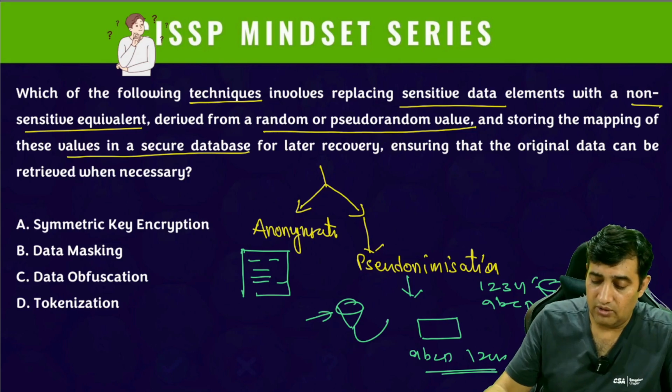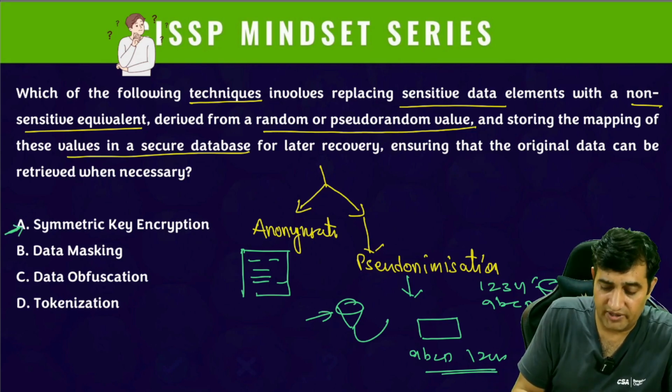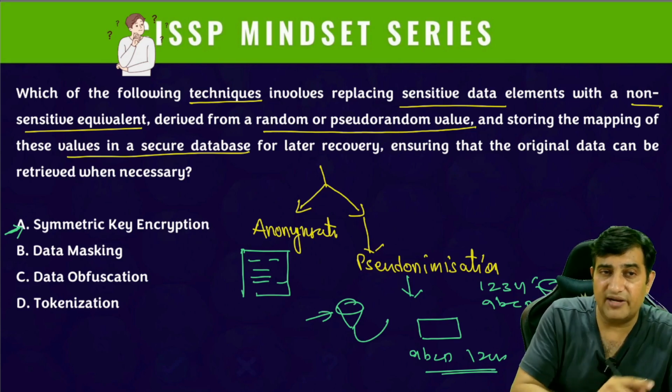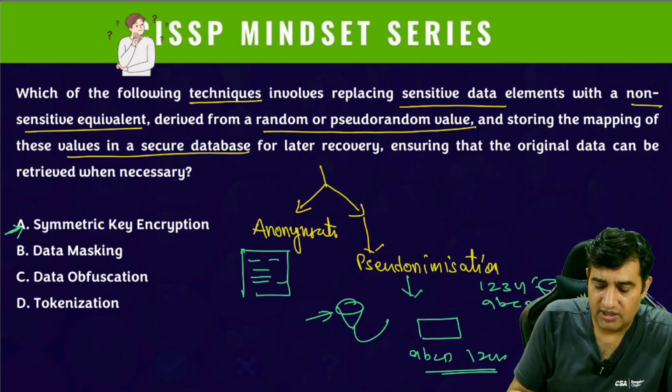So even though symmetric key encryption can be used here, we will see if this is the most applicable case in this one. Okay, got it guys? Because if you encrypt certain data with encryption, you are going to place ciphertext, right?